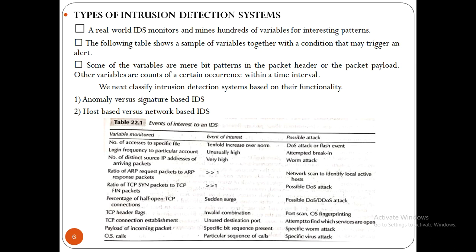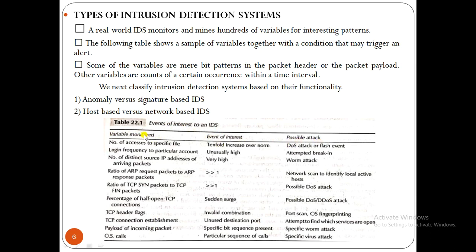Some of the variables are mere bit patterns in the packet header or in the packet payload. The other variables are counts of a certain occurrence within a time interval. So we'll see at least a few parameters or variables which are monitored, the events of interest to an IDS, and then the possible attack over those.